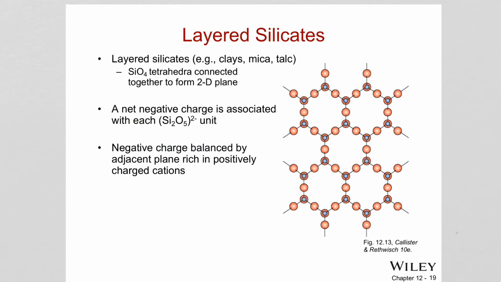So a two-dimensional sheet or layered structure can also be produced by sharing of 3 oxygen ions in each of the tetrahedra. 1, 2, 3, right? Or 1, 2, 3. All right.